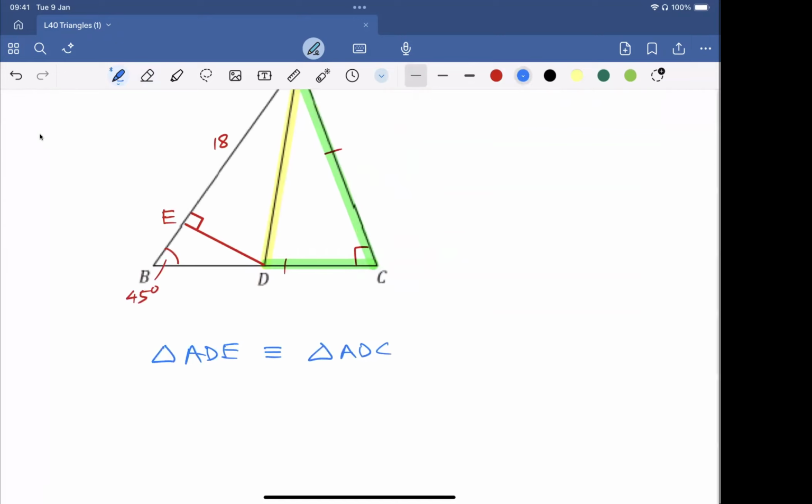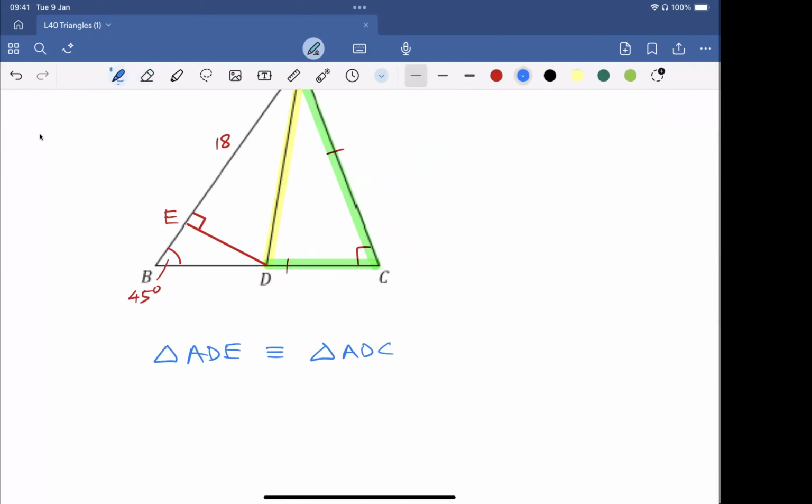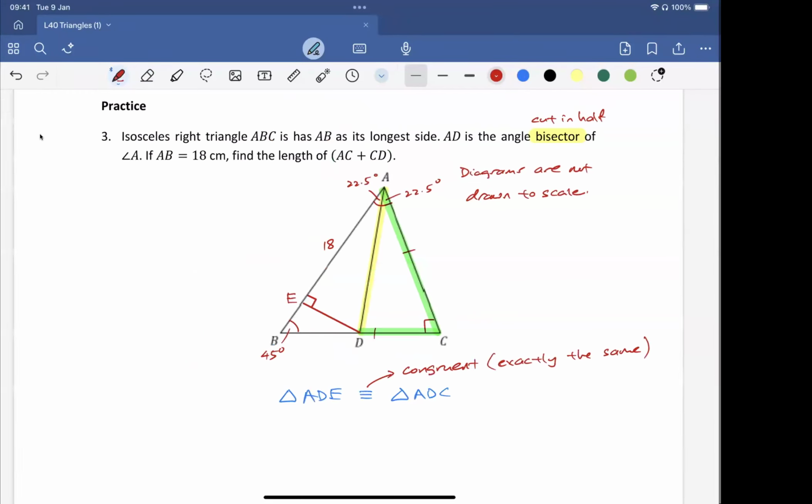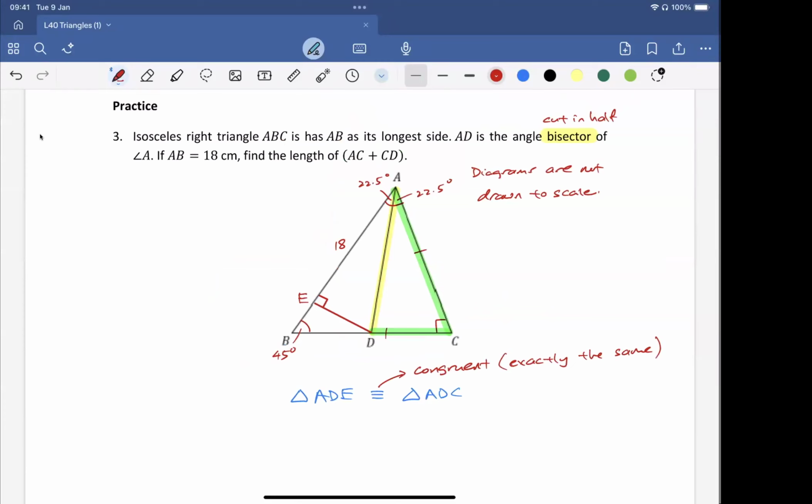So students, this stands for congruent. It means exactly the same. You are using three lines. It's not an equal sign. It is three lines. It is a congruent sign. It means that the two triangles are exactly the same as each other. They share the same angles.